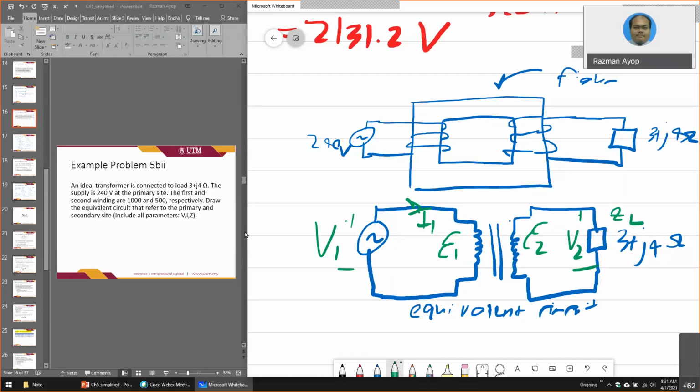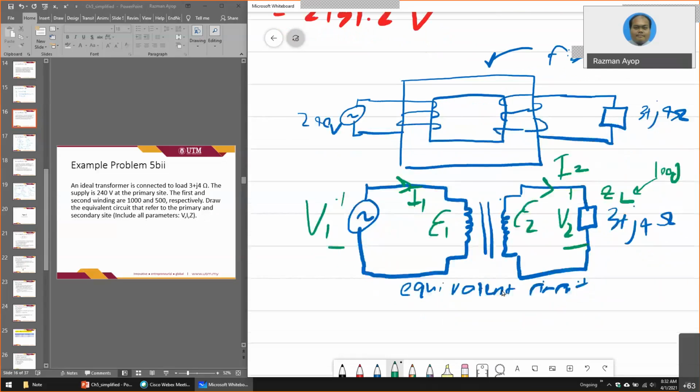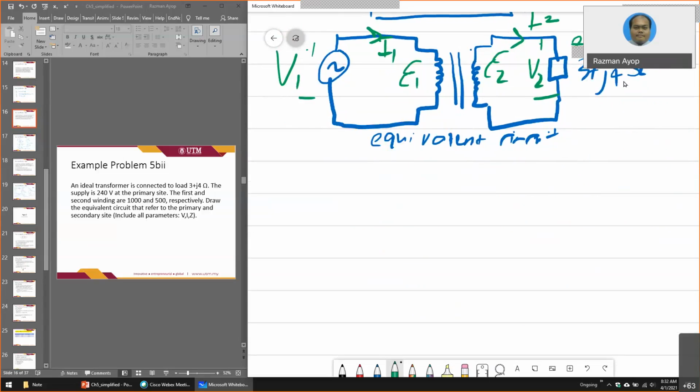ZL means load, so make sure you know what L is. This is the standard one. I2, and make sure the current direction is all to the right. So the question asks to draw an equivalent circuit referred to primary and secondary. This is just the equivalent circuit.